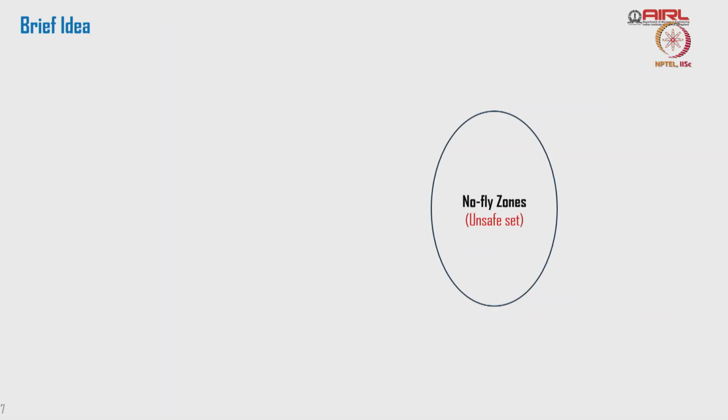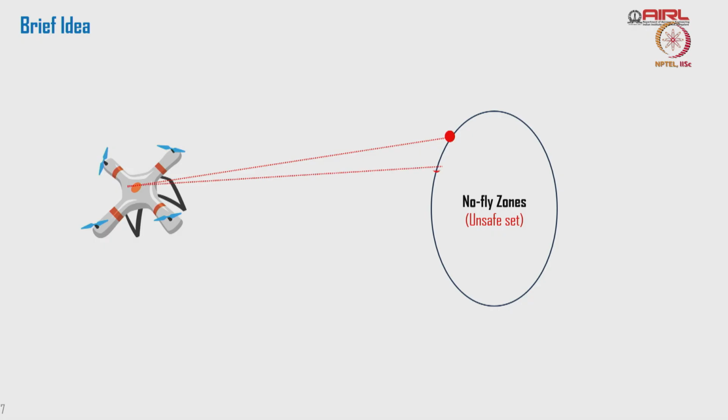Okay, I will show with one animation how the control barrier function comes into the picture in drone navigation. Just assume that the drone comes into this particular area, and with its sensor it detects a no-fly zone, which is an unsafe set. It can be a building, a restricted area, a monument, or an electric pole, anything. So with its sensor, it will try to find points on the no-fly zone, like lidar rays.